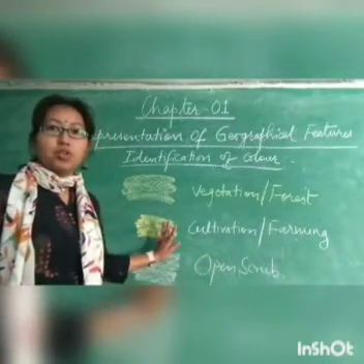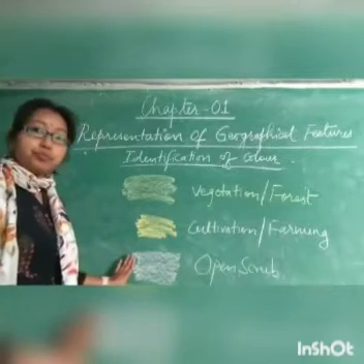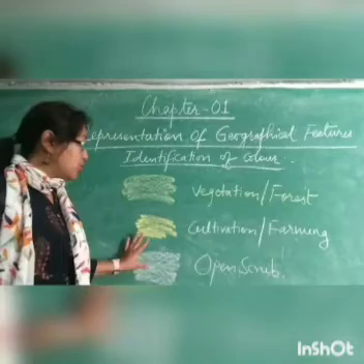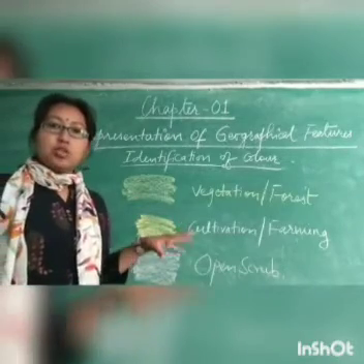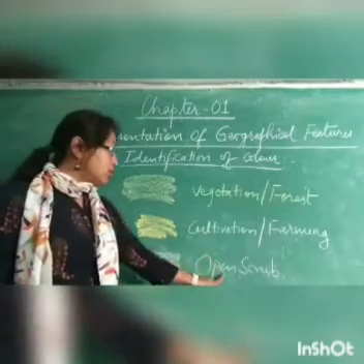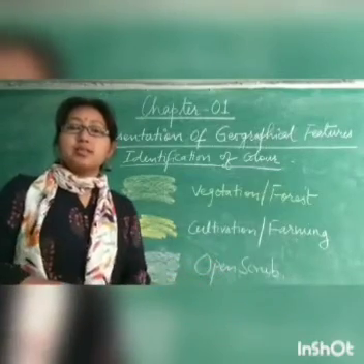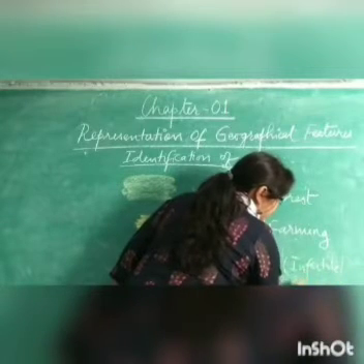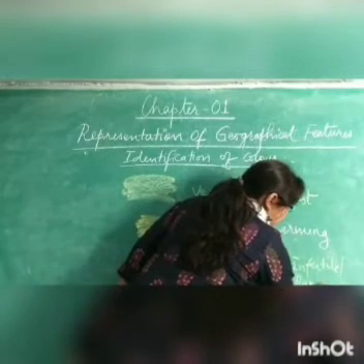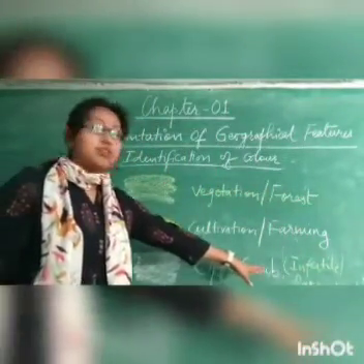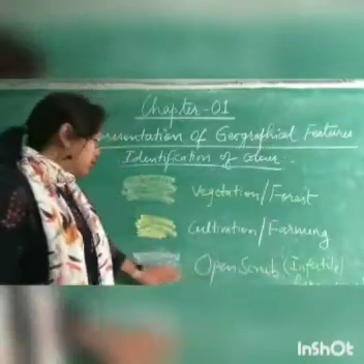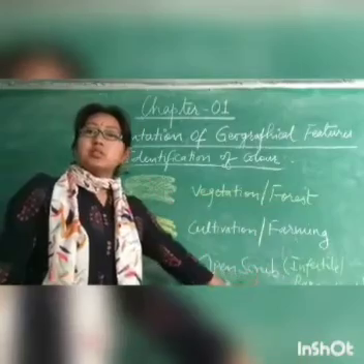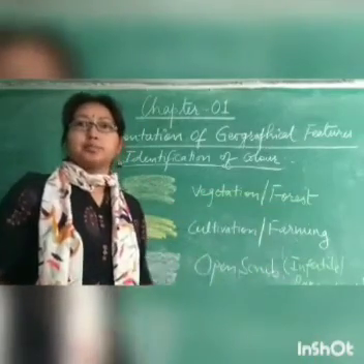Clear? Now the next is white wash. Wherever you find white patches on the topographical map, that represents open scrub. Open scrub is infertile or barren land. But the correct geographical term for this white patch is open scrub. Understood? Okay.